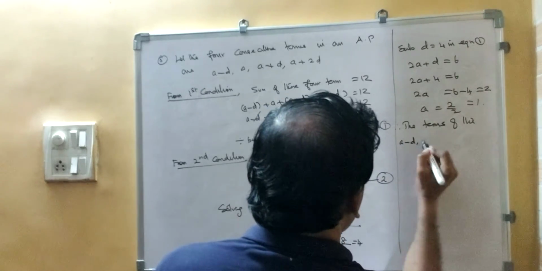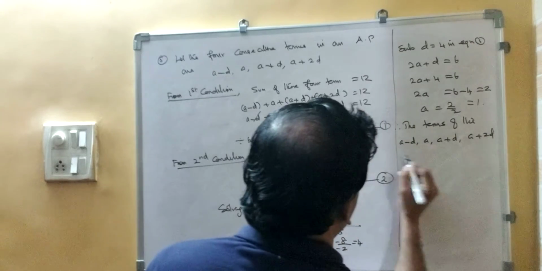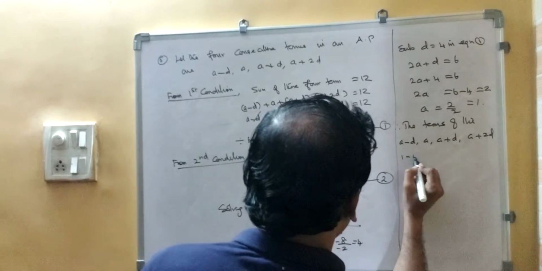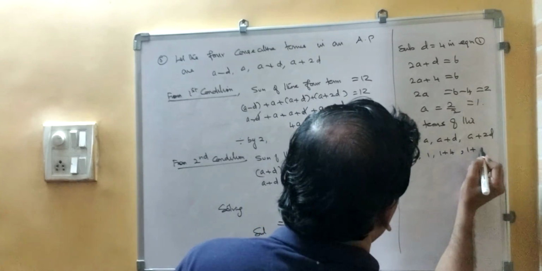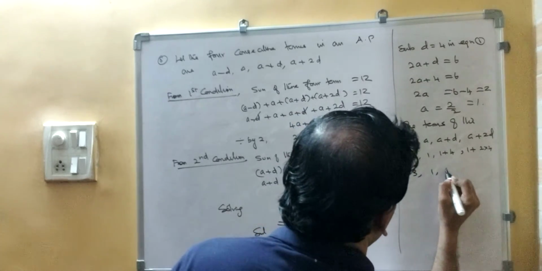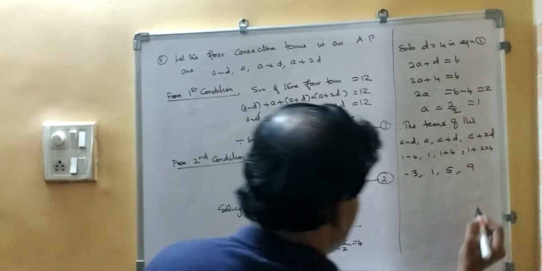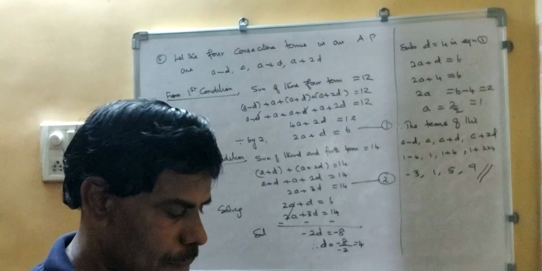A minus D, A plus D, A plus 2D. Just substitute. 1 minus, what is D? 4. 1 minus 4, 1, 1 plus 4, comma 1 plus 2 into 4. So minus 3, 1, 5, 9. These are the 4 consecutive terms of this AP.